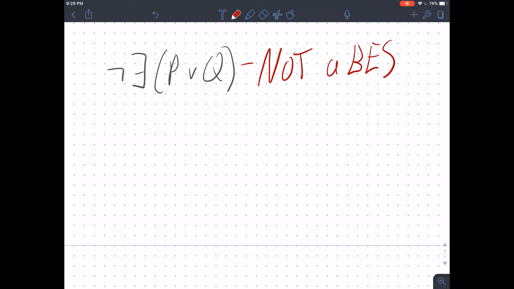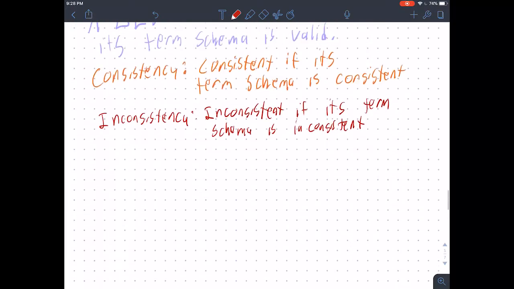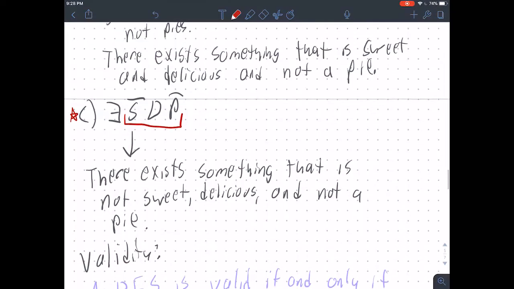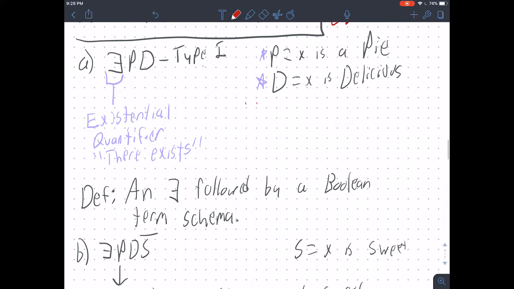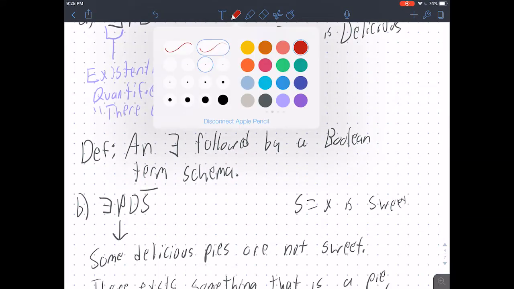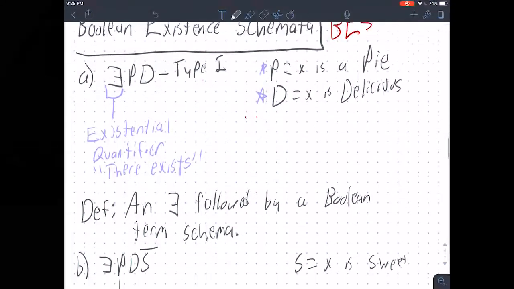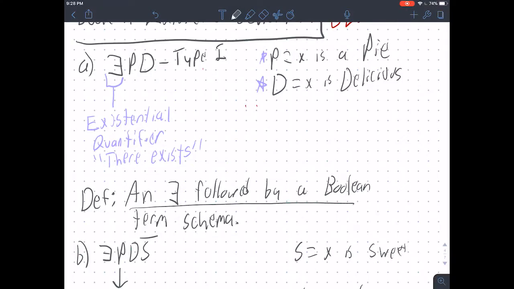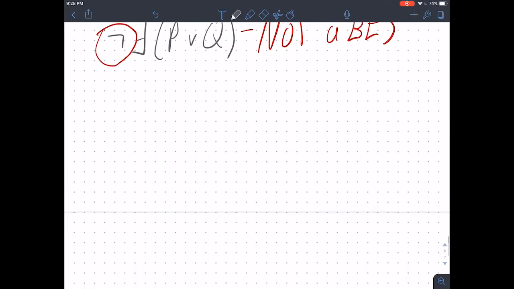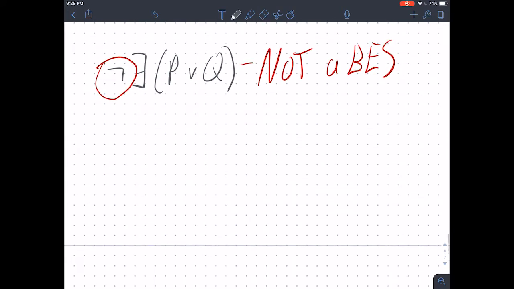And the reason why it's not is because of this negation sign here. So remember the definition of a Boolean existence schema is we have a backwards E followed by a Boolean term schema. And if we look at something like this, this is not a backwards E followed by a Boolean term schema. This is a negation sign followed by a backwards E followed by a Boolean term schema.